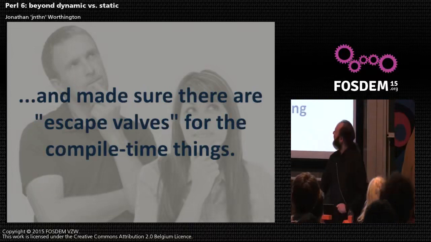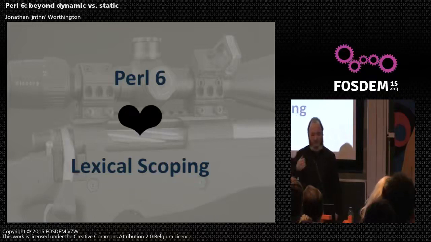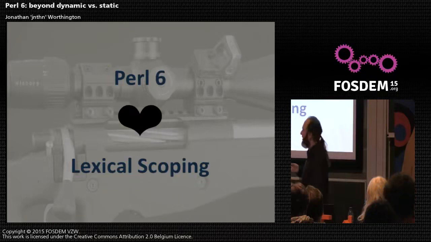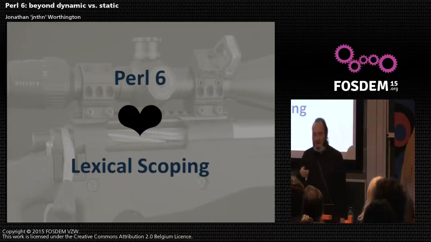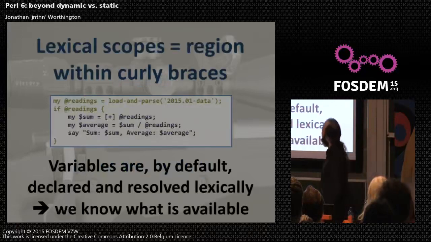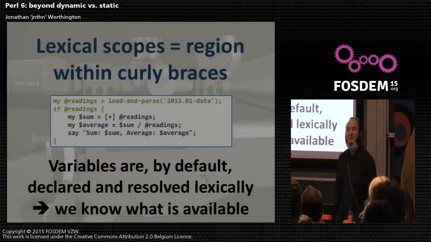So one of the things that has been coming back to us again and again throughout the Perl 6 design and implementation process is just how valuable lexical scoping is. What do I mean by lexical scoping? Well, it's just a fancy word for saying thingies between curly braces are a scope.